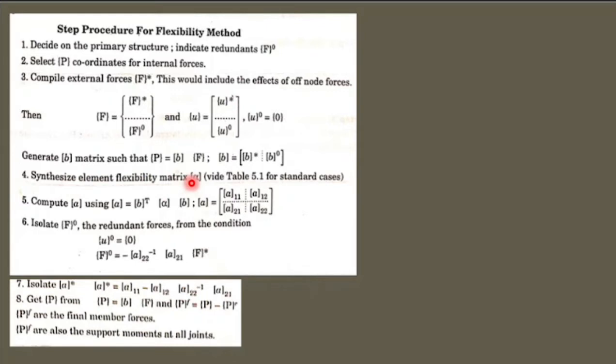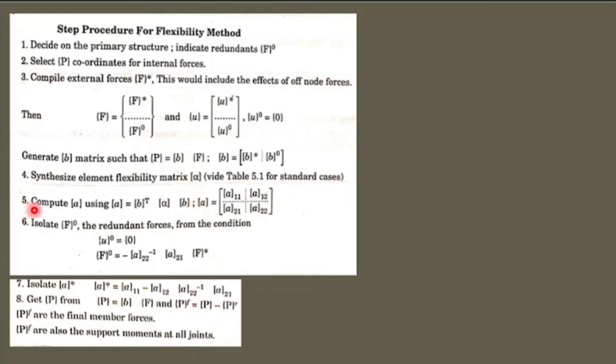Step 4 is finding the flexibility matrix. In letter it is indicated by the alpha matrix. You have a formula for that, which I will discuss while doing the problem. The alpha matrix is common for all the cases, and you have only one formula and it is applicable for all the cases.